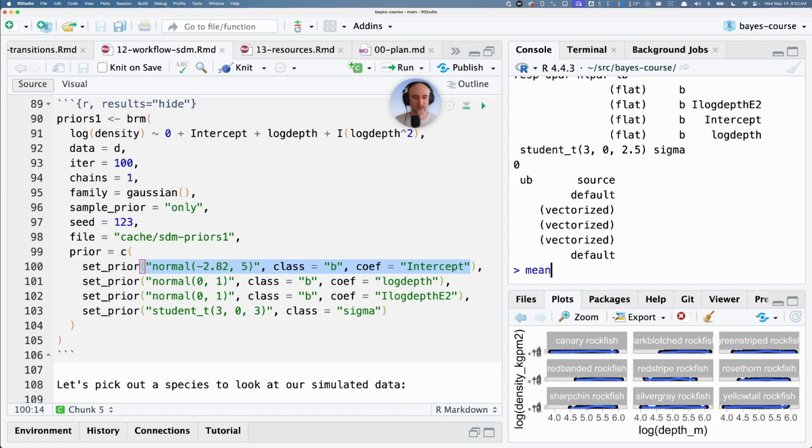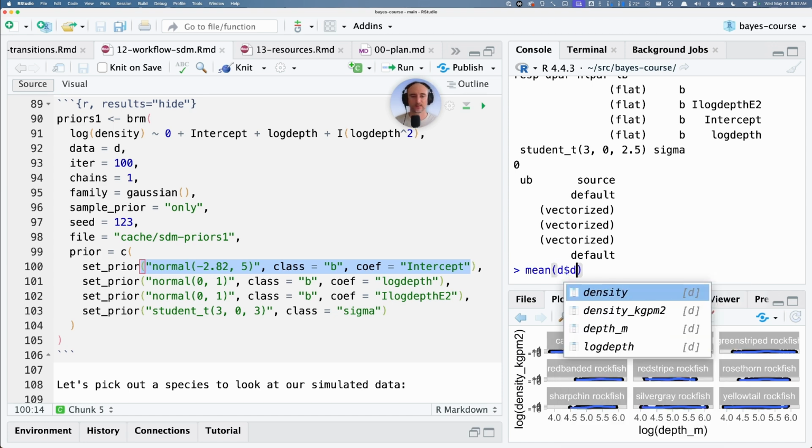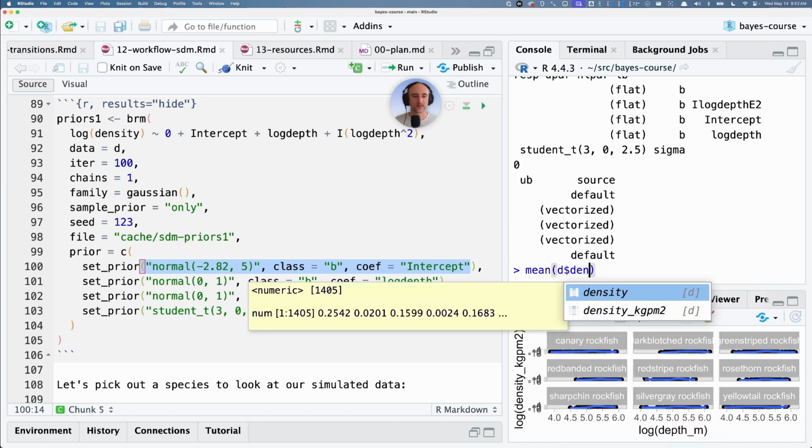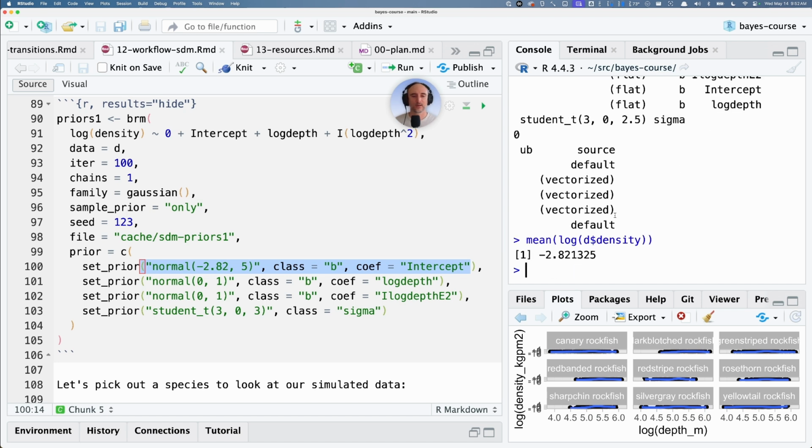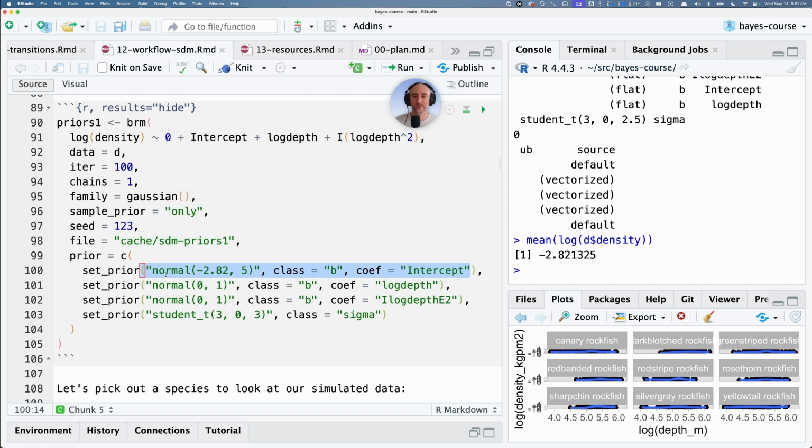So if I do mean of density, because I've already mean centered my predictor, I would expect my intercept to be roughly this. So I'm going to set my prior to match that so that I can focus on other aspects that are harder to get right in terms of my priors.